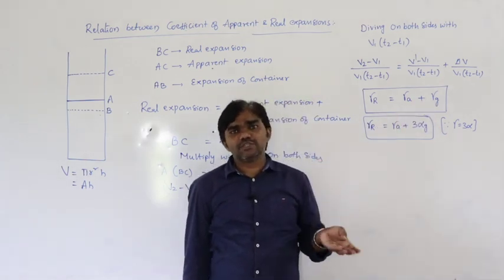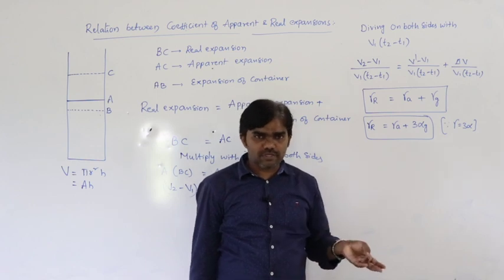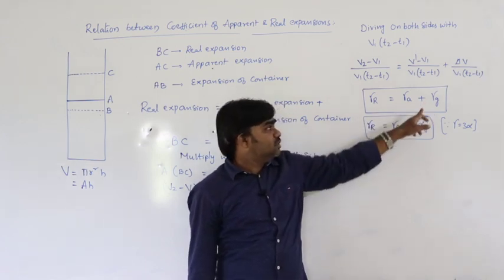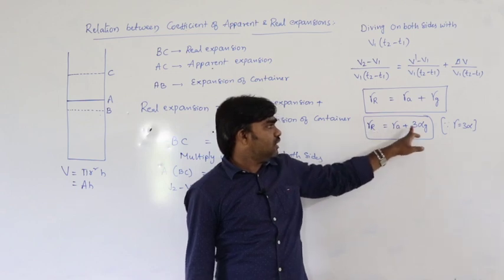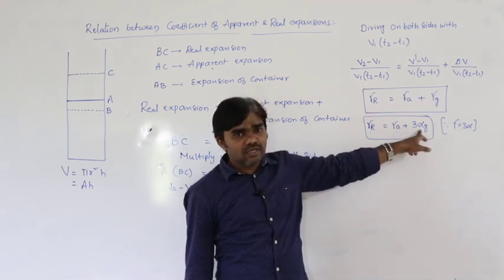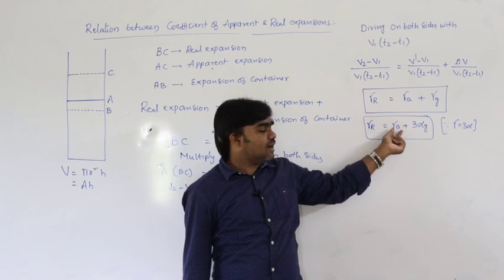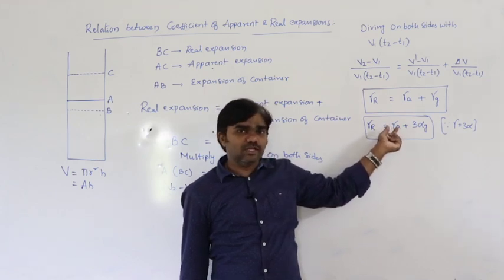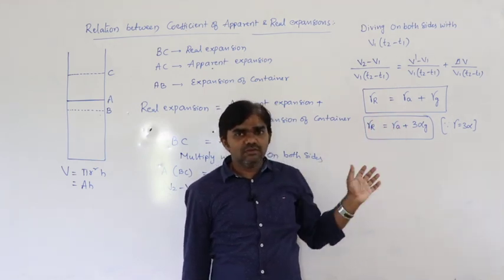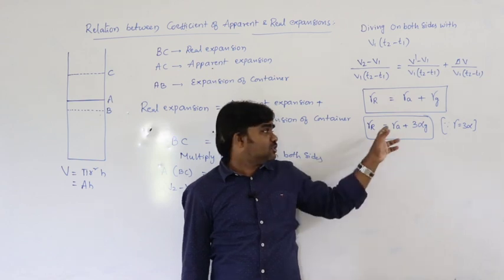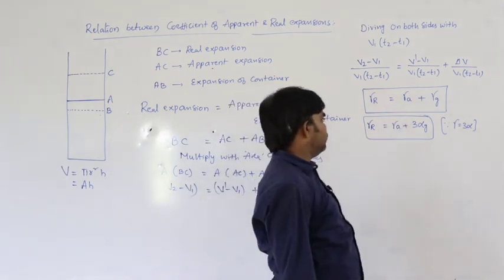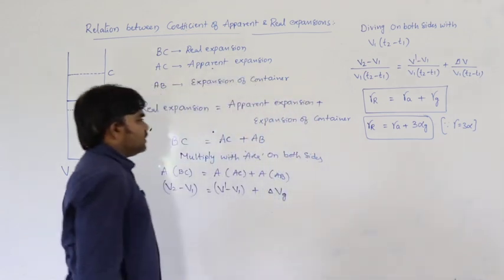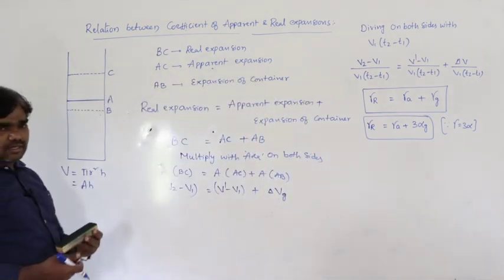Solids have linear expansion, areal expansion, volume expansion. That's why gamma G can be written as 3 alpha G. But gamma R and gamma A belong absolutely to the liquid, and liquids don't have linear expansion. So that's why it is not possible to write it like this. So this is the relation between quotient of real expansion and quotient of apparent expansion.